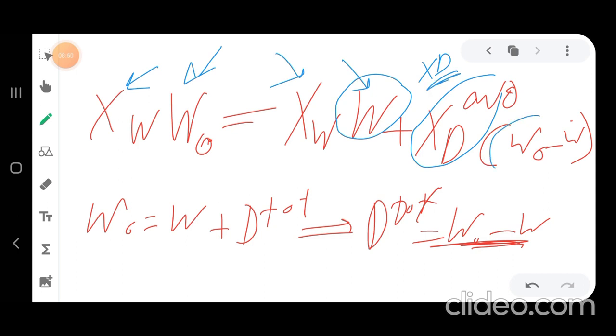So the only unknown here is w. You can use the solver to get this w. This is the final quantity that you are left with.